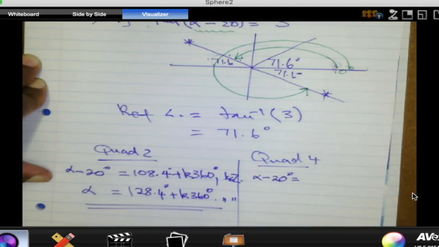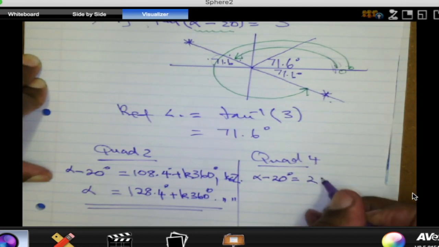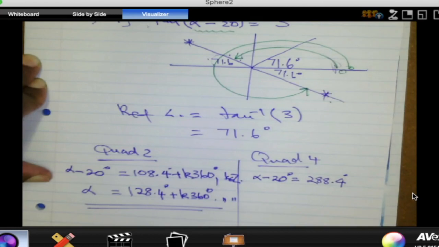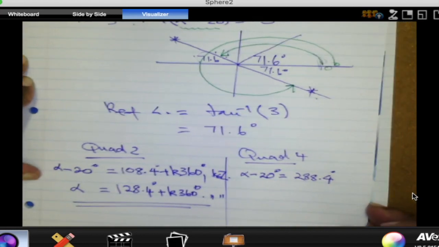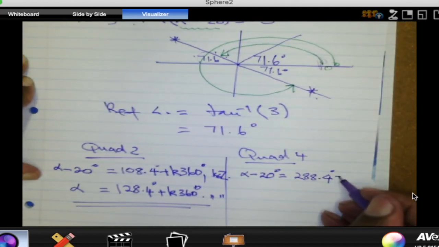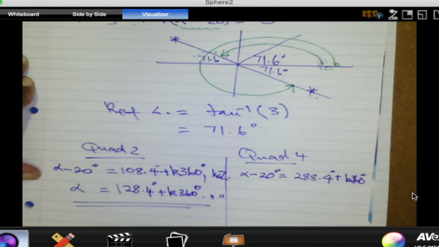So alpha minus 20 in quadrant 4 should be 360 subtract 71,6. Please check, I'm getting 288,4, all right? But again, this is not the only angle. We can continue adding as many revolutions as we want. So let's say plus k 360, and k is an integer.